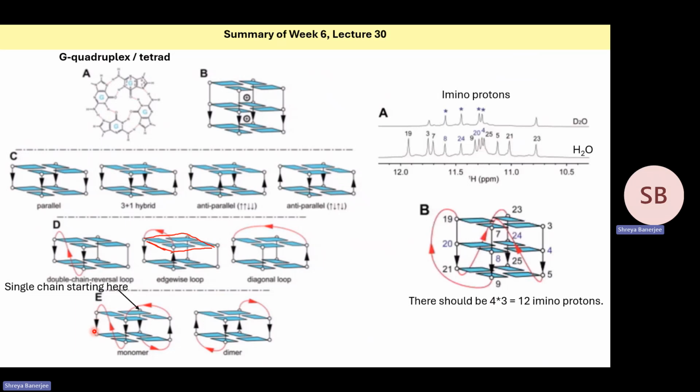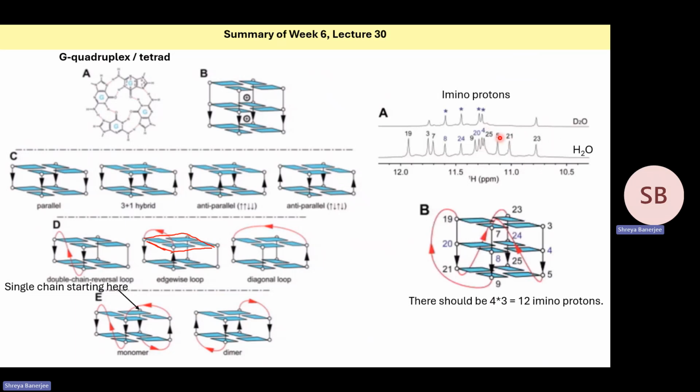So the G tetrad in this case is formed by a single strand, and so it's called a monomer. You can also have a dimer, formed by 2 strands, each connected by an edgewise loop. So there can be different orientations of the G quadruplex or tetrad.